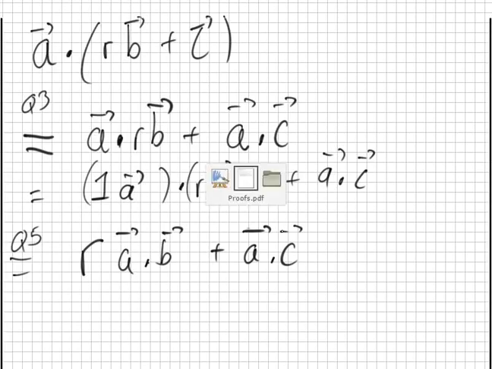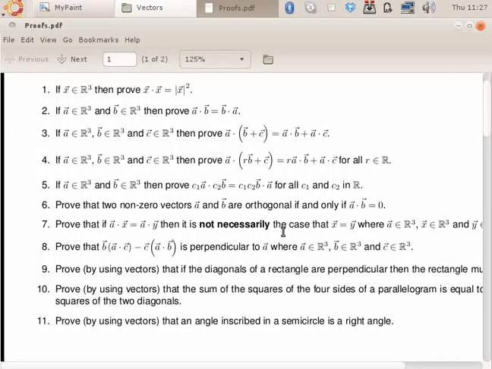Alright, come on. Next one now, I did number 5. Number 6, I actually did a couple of classes ago. Just so you have some vocabulary here, orthogonal also means perpendicular. I want to show that two vectors are perpendicular if and only if A dot B equals 0.